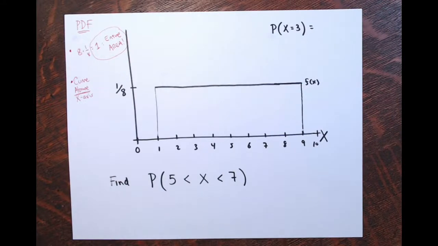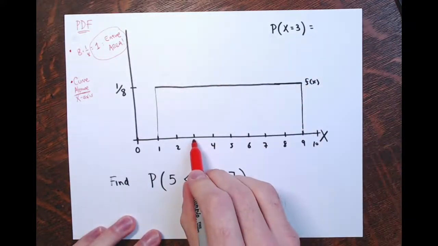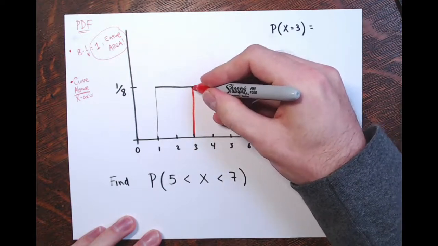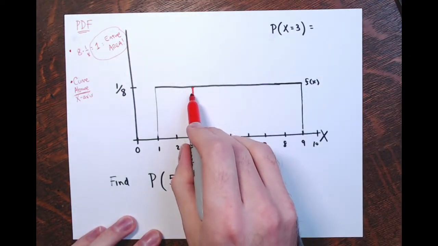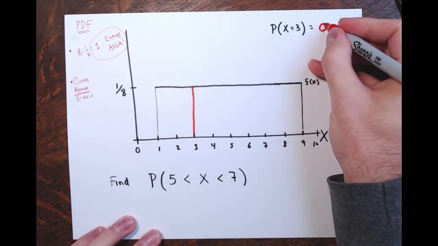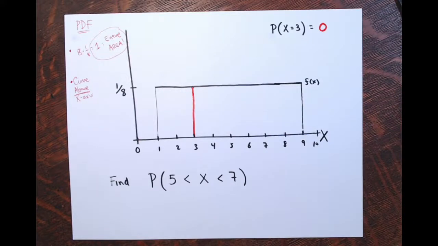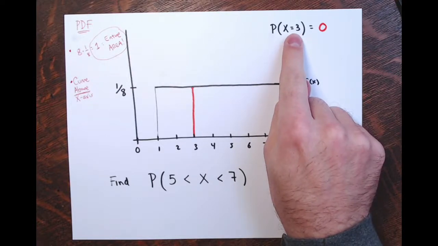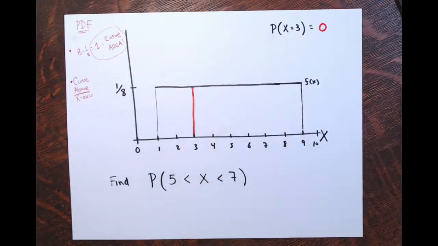Here's 3 on the horizontal axis, this is the area that's being talked about there. And you see, that's just a segment. And a segment has no area. So this was mentioned earlier. Remember, for a continuous random variable, the probability of that variable being equal to a specific value will always be 0. All right, but we're not asked that here.